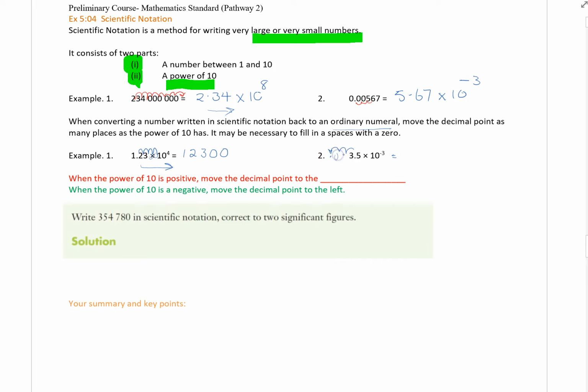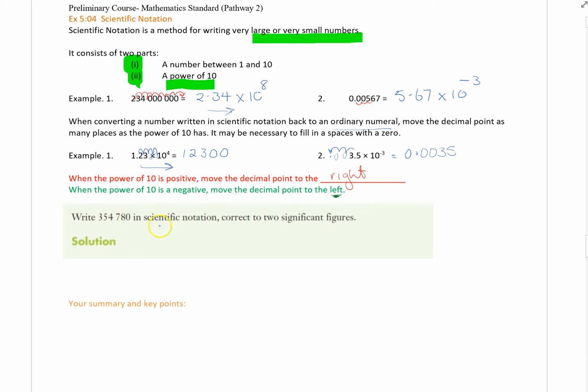So you can see I would need an additional 2 zeros, so we get 0.0035. So when the power of 10 is positive, move the decimal point to the right. And when the power of 10 is negative, you move the decimal point to the left.